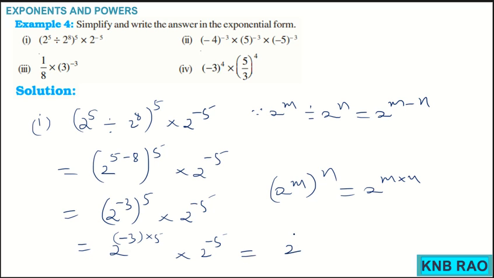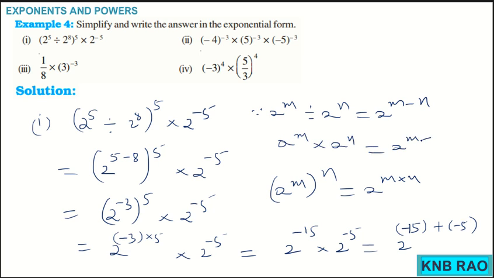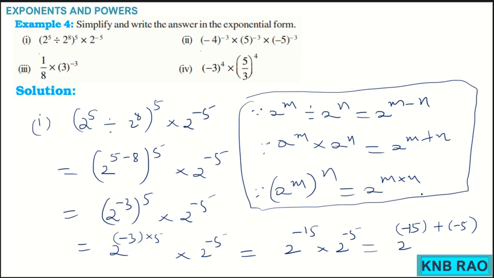So here 2 power minus 15 into 2 power minus 5, here 2 power minus 15 added to minus 5 will come, where I have used a power m into a power n is a power m plus n. See, we are using only these 3 laws so far many times. So the resultant will be 2 power minus 15 added to minus 5 becomes minus 20, which is the answer.